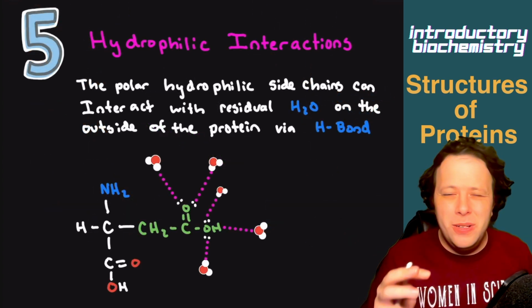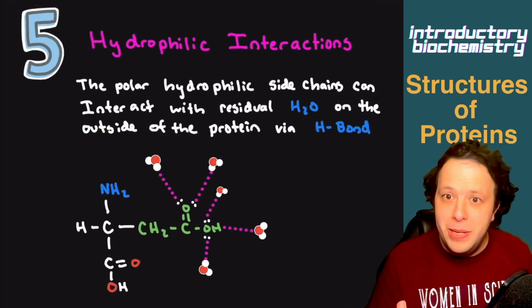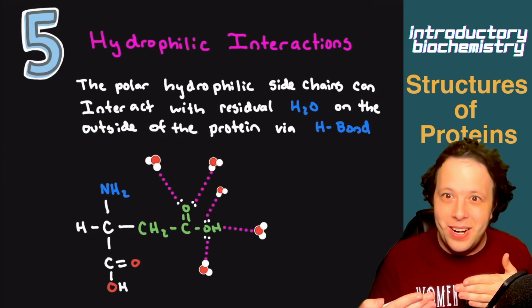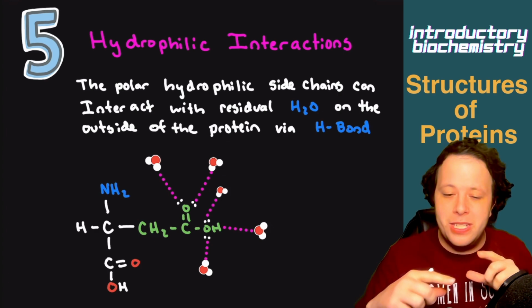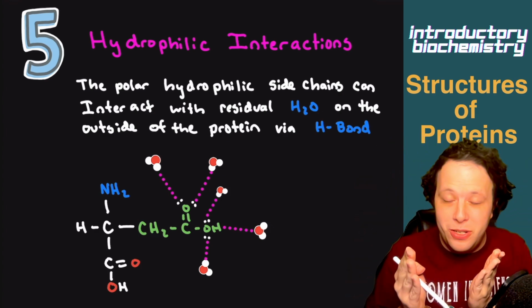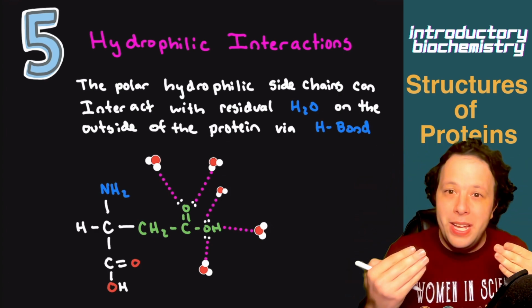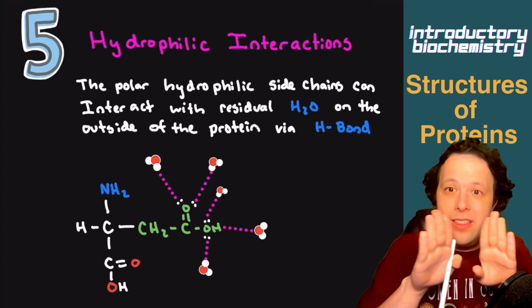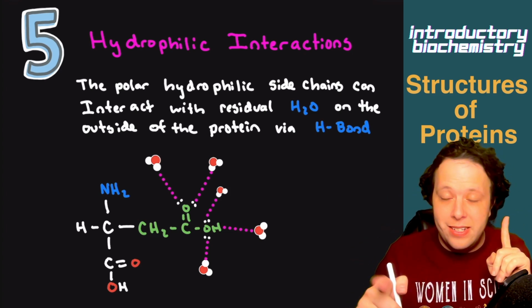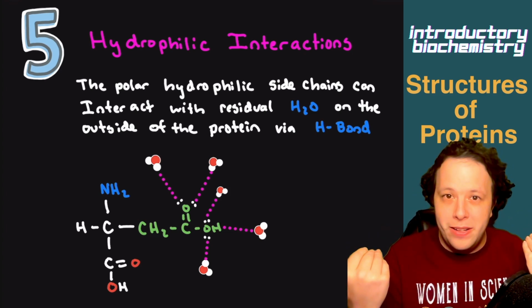So our last one isn't one that actually happens between amino acids. It's actually the interaction that we talked about earlier. If you remember, when you think of how the protein folds, when we have these polar side chains, they're going to be pointing out a lot of the times towards the exterior of the molecule.